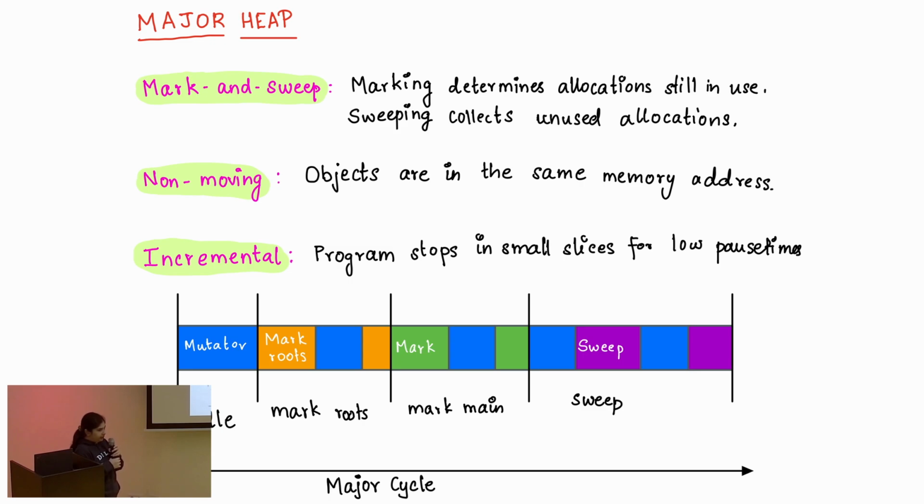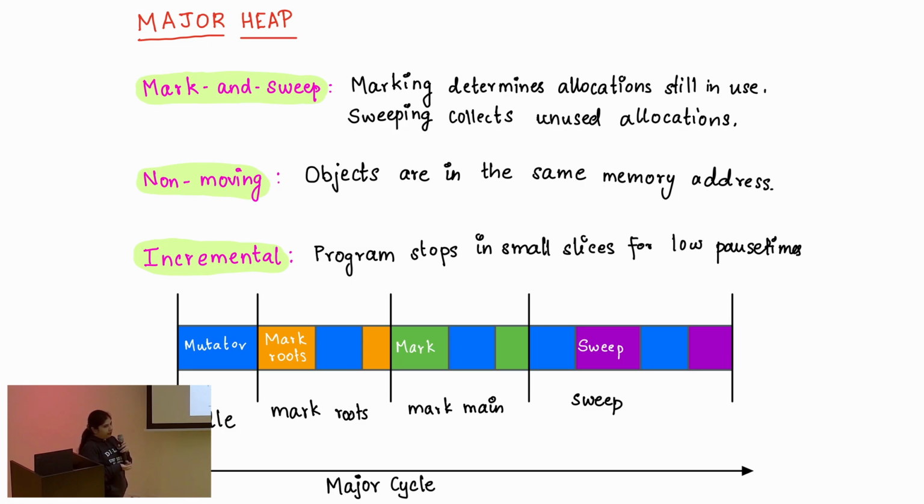It is also incremental, unlike minor GC, which means it happens in small slices. So you don't really stop your OCaml program for long durations, which lets us have shorter latencies. If it were not incremental, it would stop for a long amount of time, and that would end up in large latencies.